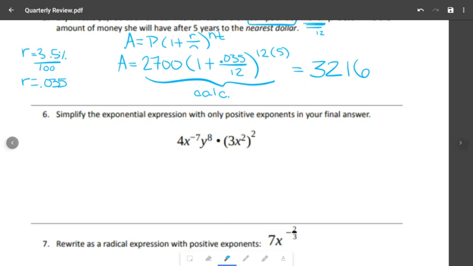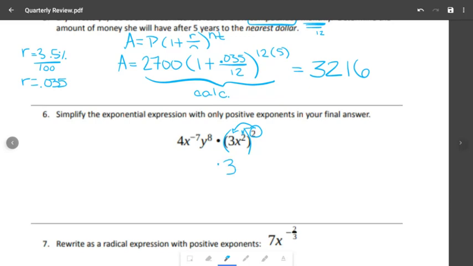Question 6. Simplify the exponential expression with only positive exponents in your final answer. So when you simplify, you are trying to consolidate this so you only have a single number, a single x, and a single y. Order of operations, parentheses come first. That 2 on the outside gets distributed inside.